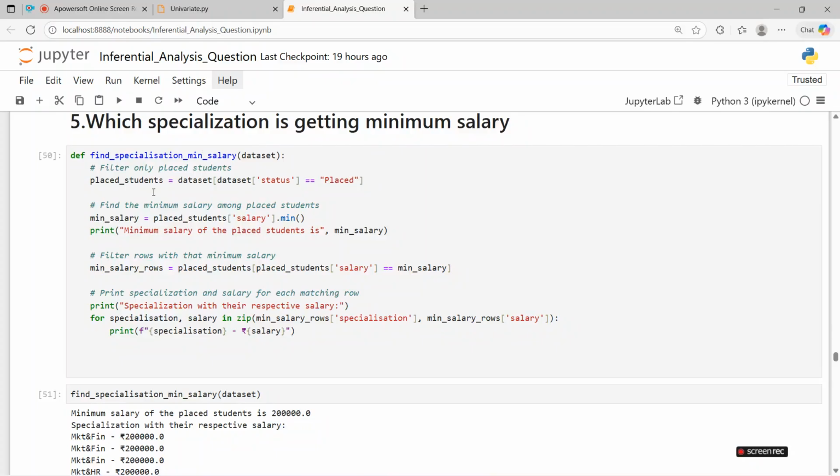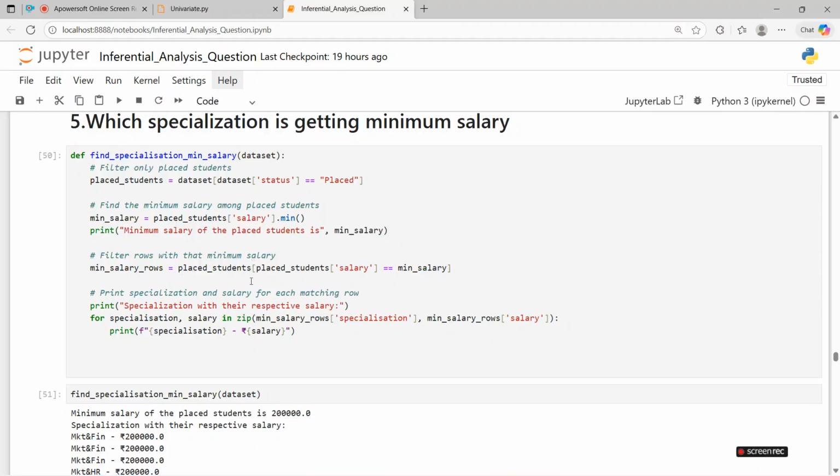Once we take the students with placed status, from them we are checking the minimum salary using the dot min function, and we are taking it into min salary. We are printing the minimum salary of the placed students. Once we find the min salary, we are taking the rows of the minimum salary into min salary rows.